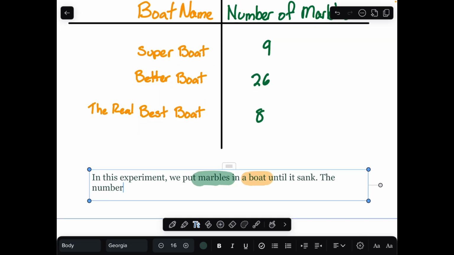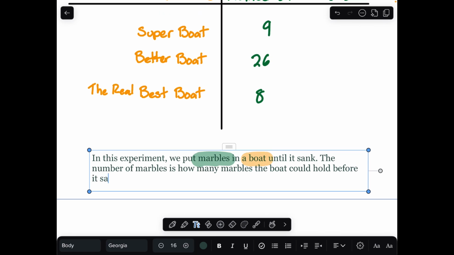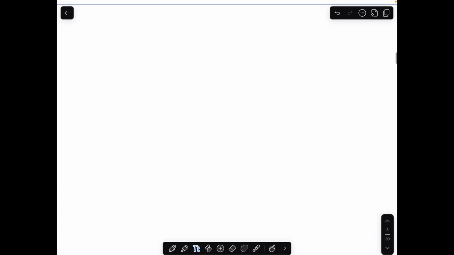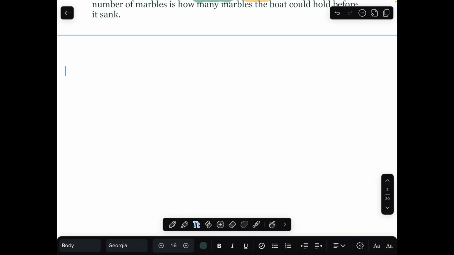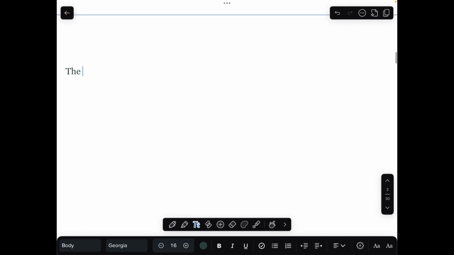The number of marbles is how many marbles the boat could hold before it sank. The assignment is to make a bar graph of our data.